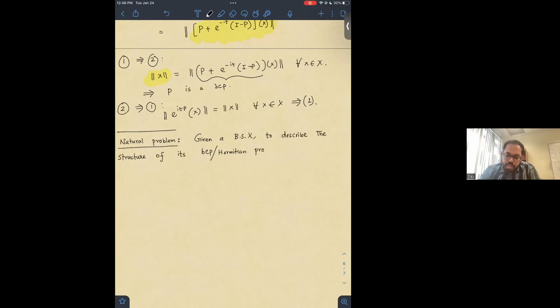Now, what do I mean by describe? Describe just means that you give me a description of those operators. So given any Banach space X, the main line of work is the following: you start with the Banach space and you try to give a description of such operators. That's going to be one of the important problems for us.